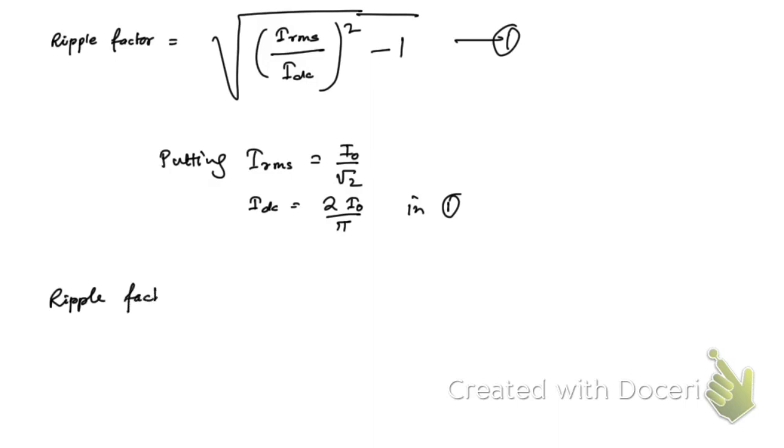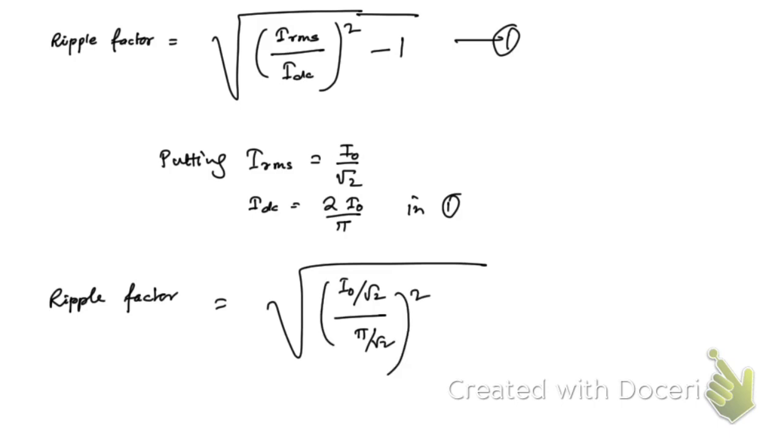The ripple factor is equal to the square root of (pi by root 2) whole square minus 1. Sorry, I made a mistake. That's supposed to be 2 I naught divided by pi, so it is the whole square minus 1. Here you can clearly see I naught cancels.